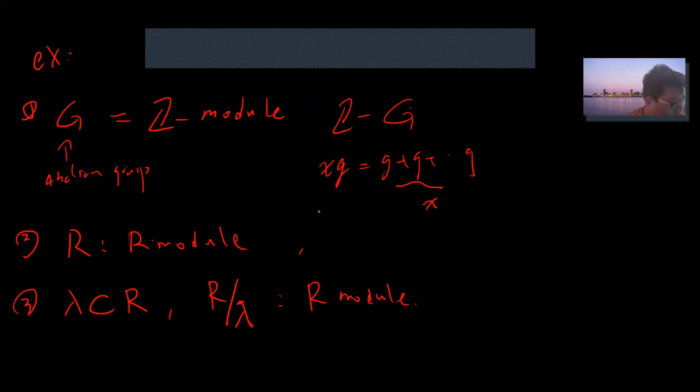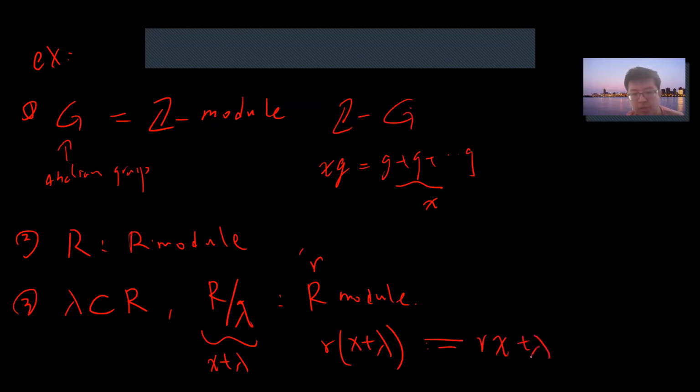The operation takes r and the element x plus lambda, and r times (x plus lambda) is defined to be rx plus lambda. The addition is just as in the definition of the quotient ring: (x plus lambda) plus (y plus lambda) equals x plus y plus lambda.